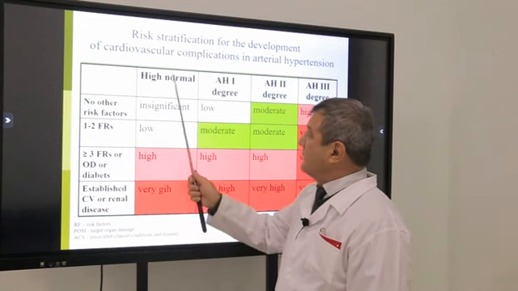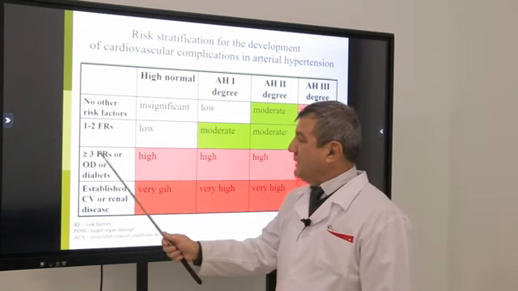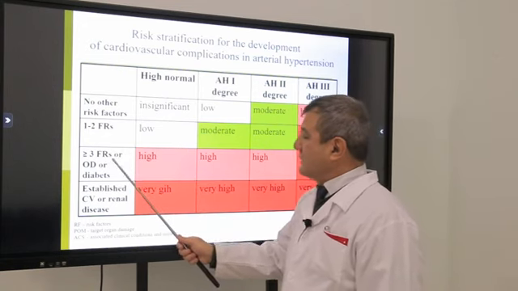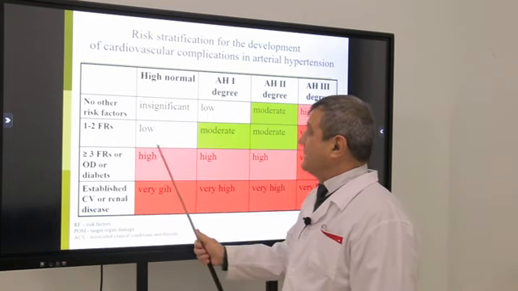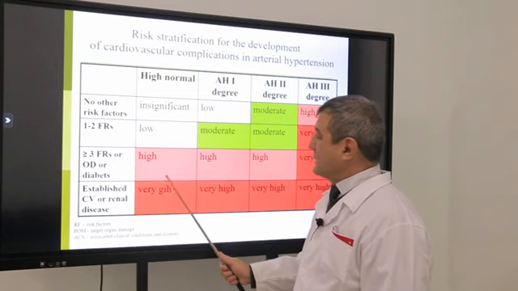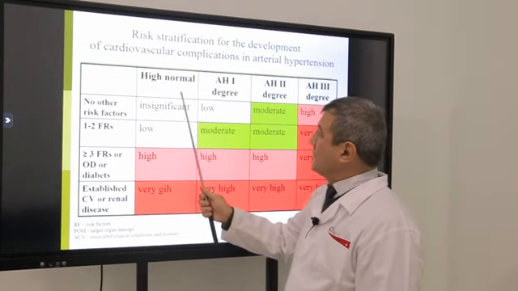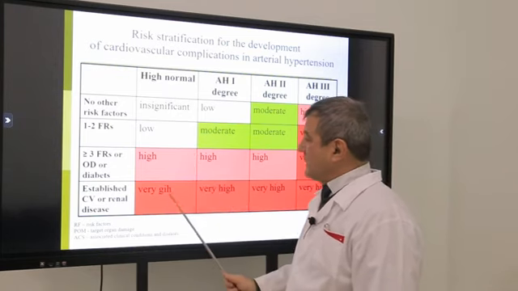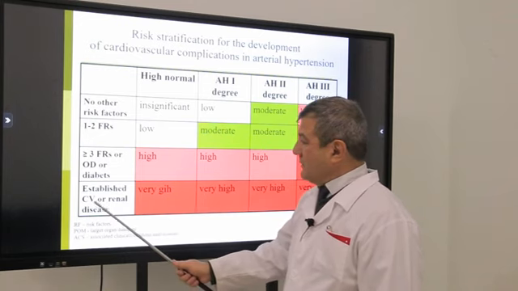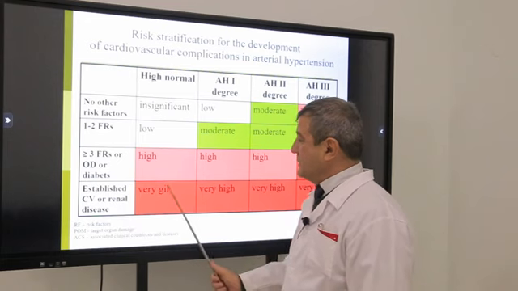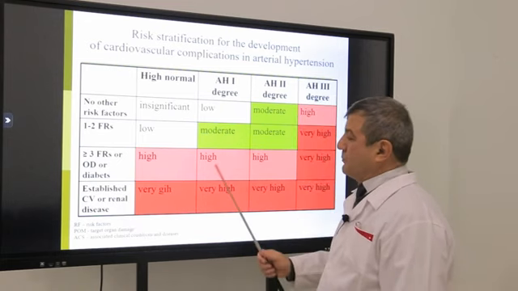If the patient has high normal blood pressure and 3 risk factors or organ damage or diabetes mellitus, this is the high risk group. If the patient has high normal blood pressure and established cardiovascular or renal disease, this is the very high risk group.